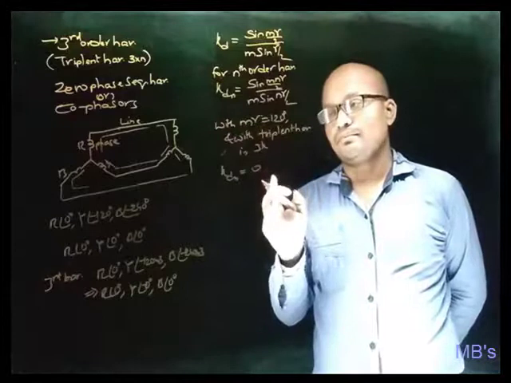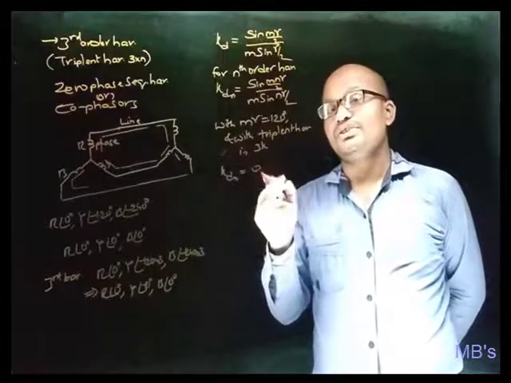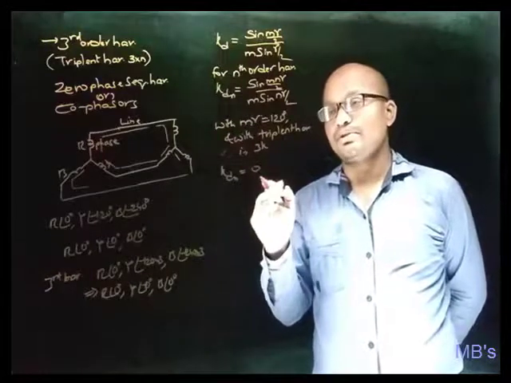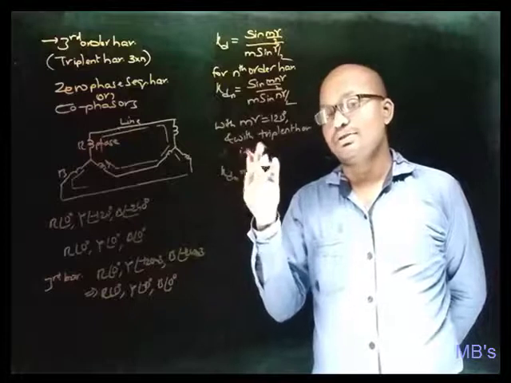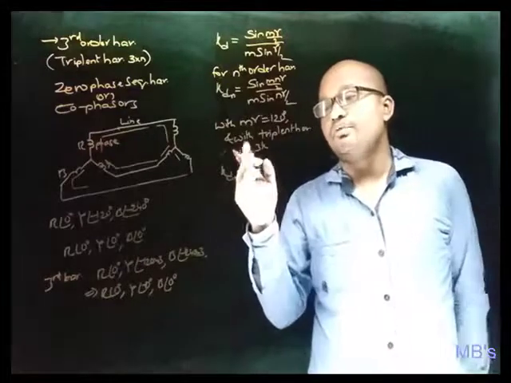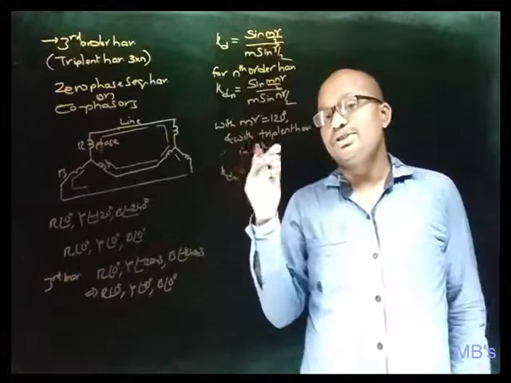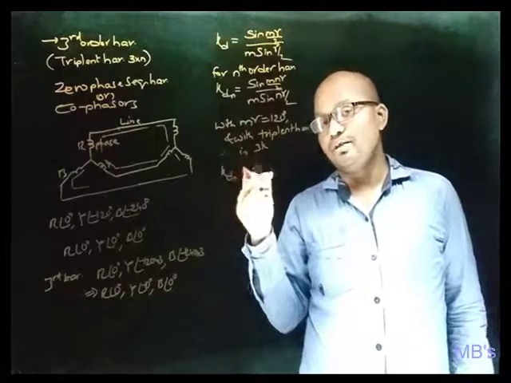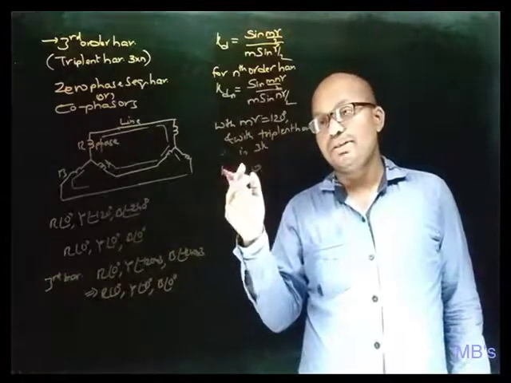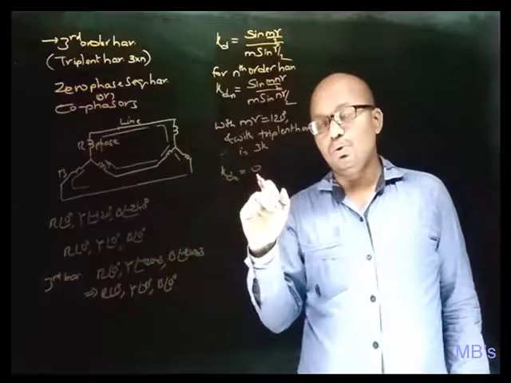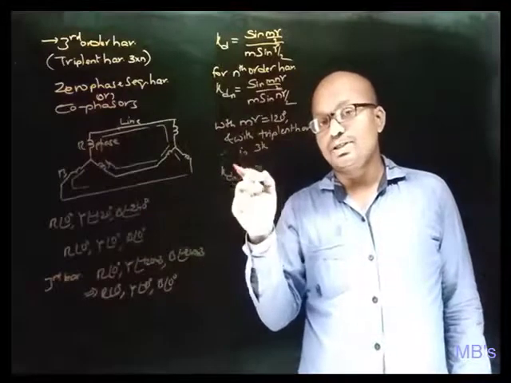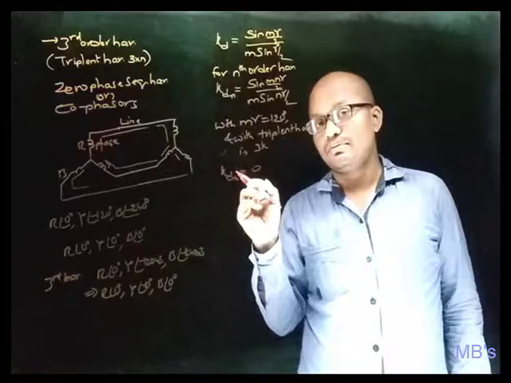But a phase spread of 60 degrees is used. Why? Because there is another way of eliminating the triplen harmonics in the phases. And a phase spread of 60 degrees is preferred because the output is more for a phase spread of 60 degrees when compared with a phase spread of 120 degrees, though the phase spread of 60 degrees has triplen harmonics.